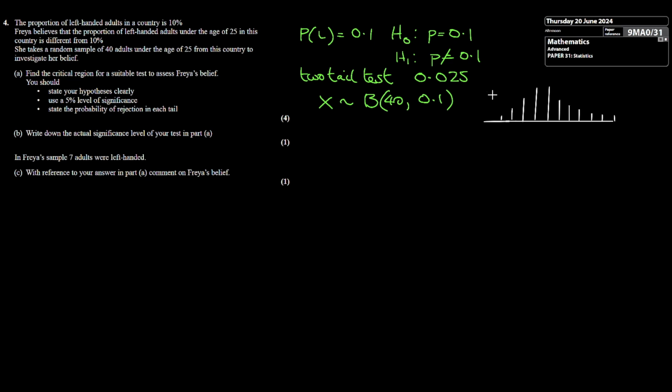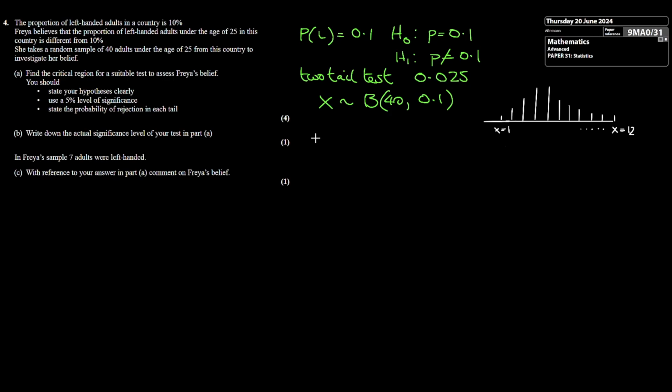So what we've got to do is choose X equal to 1, up to variables up here, X equal to 12 or whatever, to find out what value of X is going to fall into this 0.025. I'm going to have to try several options.